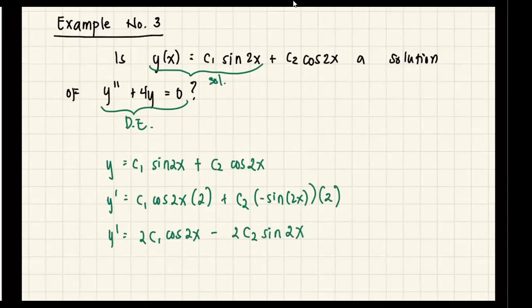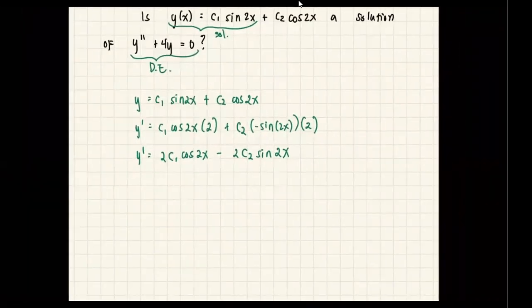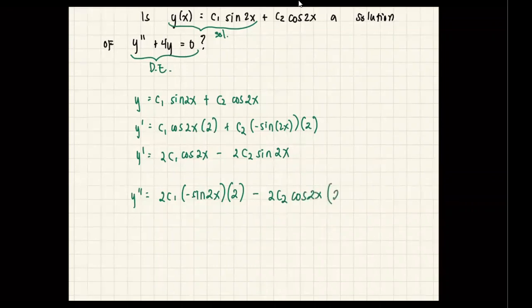Then kailangan natin second derivative, so kunin lang natin yung second derivative ng given problem natin. So second derivative, y'' = 2c1 times the derivative of cos 2x, which is negative sin 2x times 2, minus 2c2 times the derivative of sin 2x, which is cos 2x, and the derivative of 2x is 2.